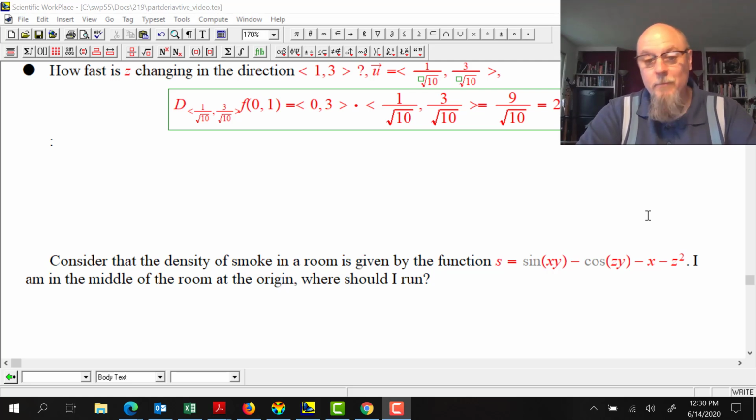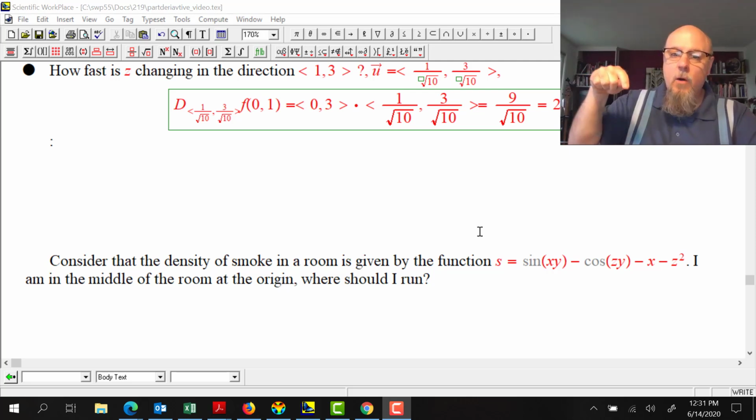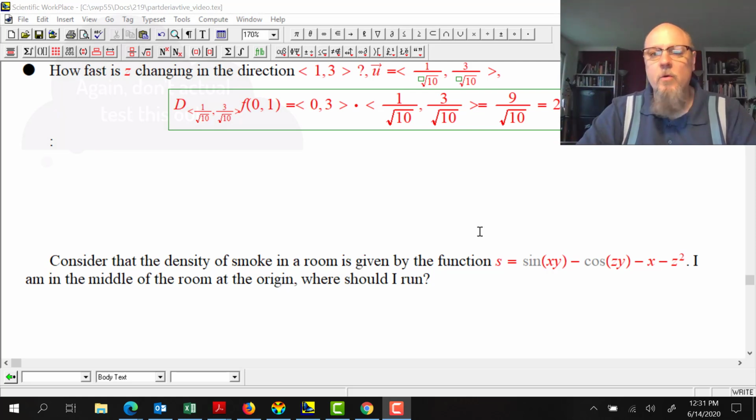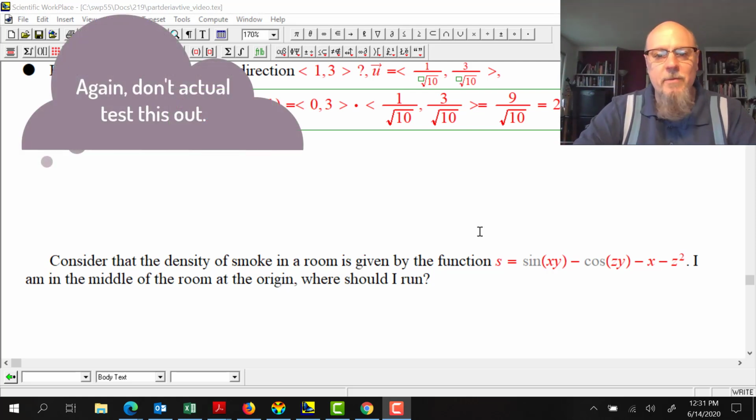Our example, again with the fire in the room, don't do this, but let's just say that the density of smoke in a room is given by this function. So here's smoke density. It's given by an x direction, a y direction, and a z direction. Generally smoke rises so that near the ceiling is supposed to be smoky. You're supposed to stop, drop, and roll or whatever.